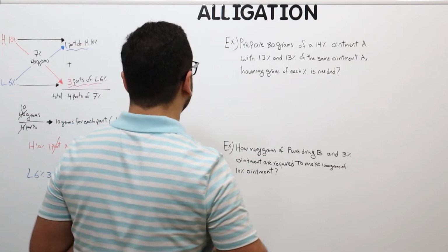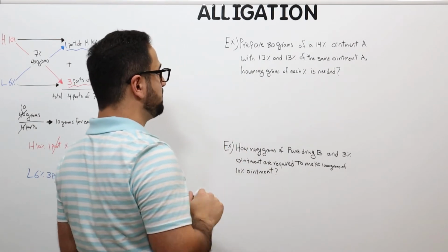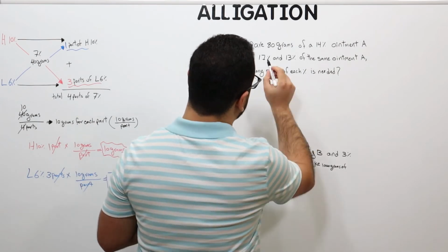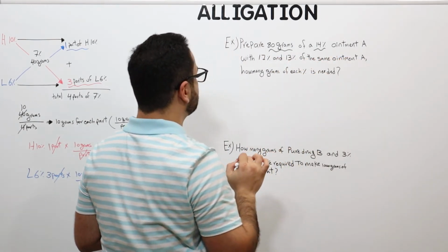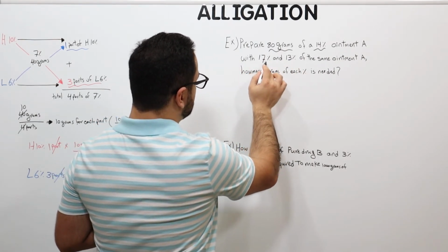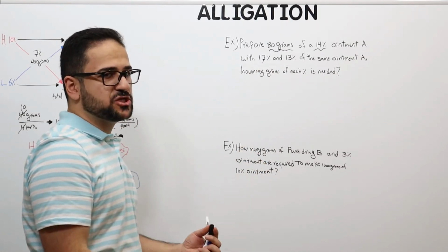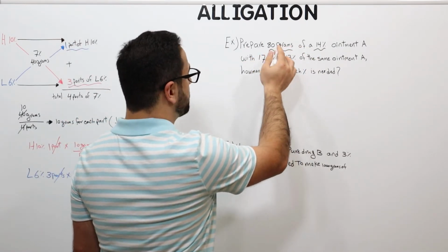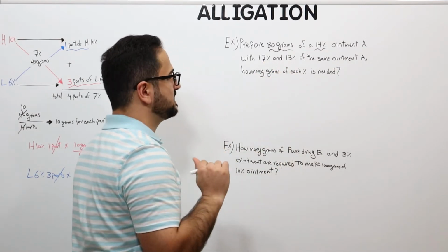So example number 1 says, prepare 80 grams of 14% ointment A with 17% and 13% of the same ointment A. So just like I mentioned earlier, we have a prescription that says prepare 80 grams of 14%, and we have 17 and 13 in the pharmacy.